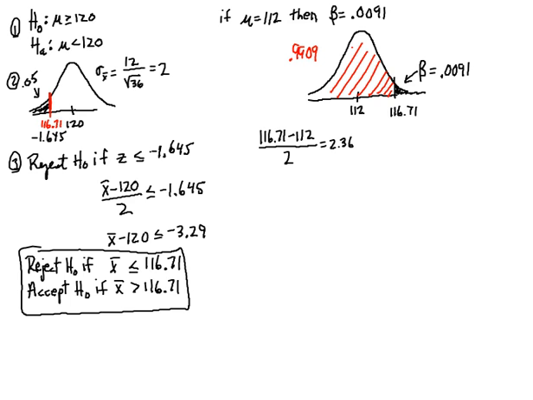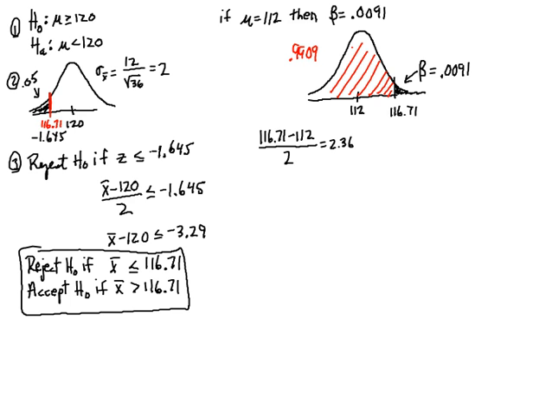So what I've calculated here is the probability that I would accept the null hypothesis in a situation where the population average life of the batteries is as bad as 112. There is about a 1% chance that I would accept that shipment.